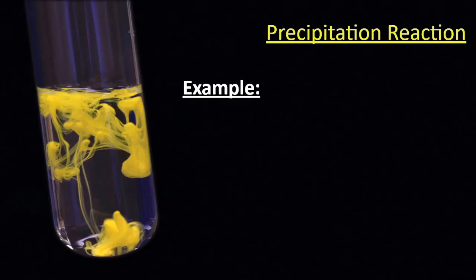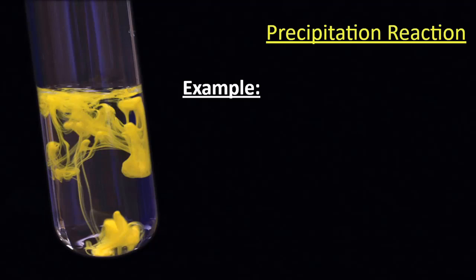Let us see some examples of precipitation reaction. One of the best examples of a precipitation reaction is the chemical reaction between potassium chloride and silver nitrate, in which solid silver chloride is precipitated out.